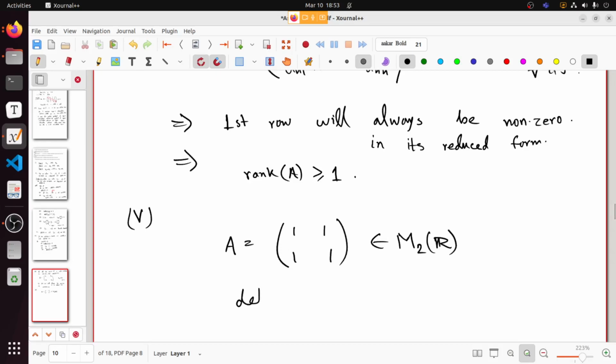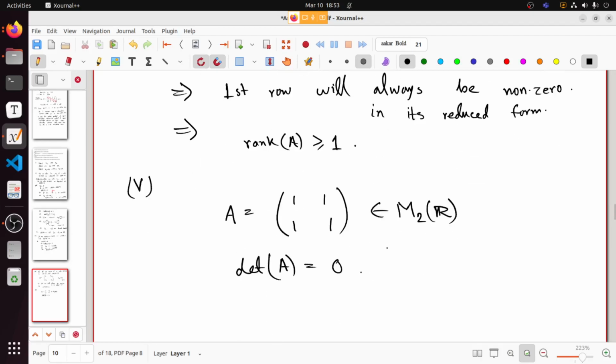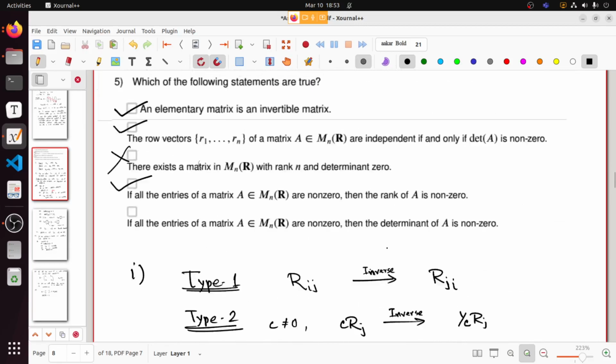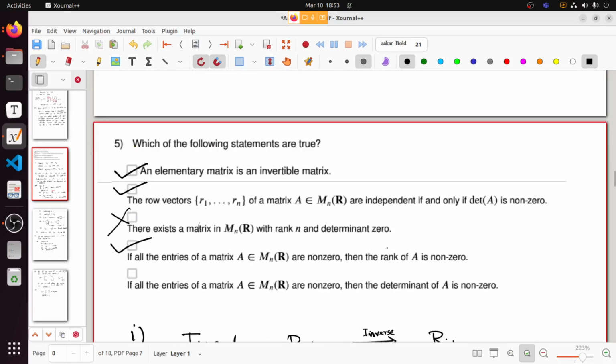So then what is the determinant? It's 0, right? So option number 5 is not true. The determinant may be 0 even if all the entries are non-zero. So option number 5 is false, and that is done.